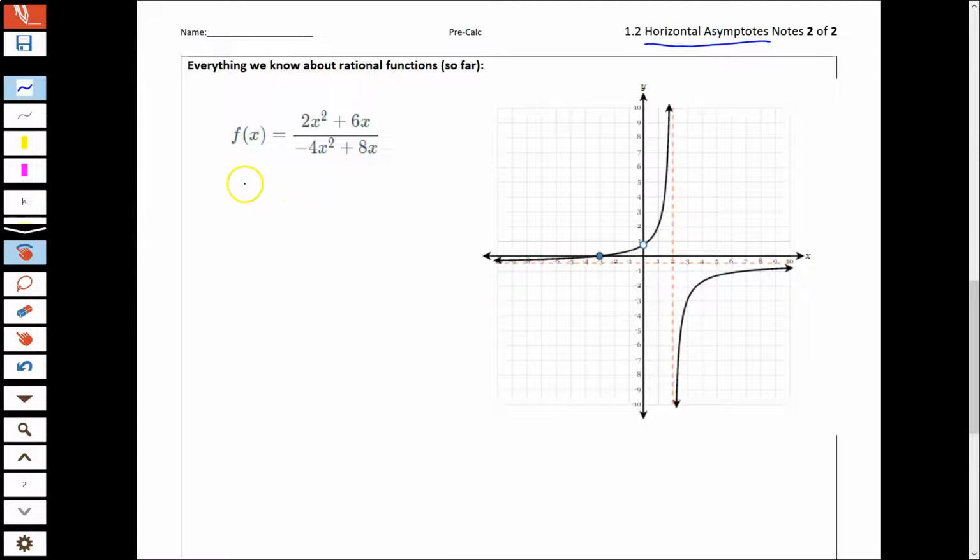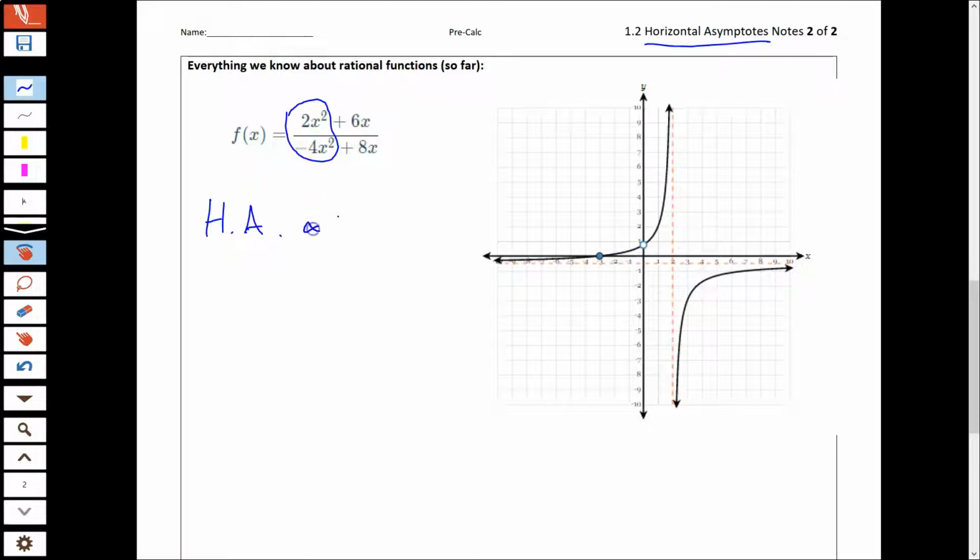So we'll start with the newest one we know, and that is the horizontal asymptote. Remember, the horizontal asymptote deals with the ratio of our coefficients, right? So I find the biggest power of x here, it's the same, x squared.